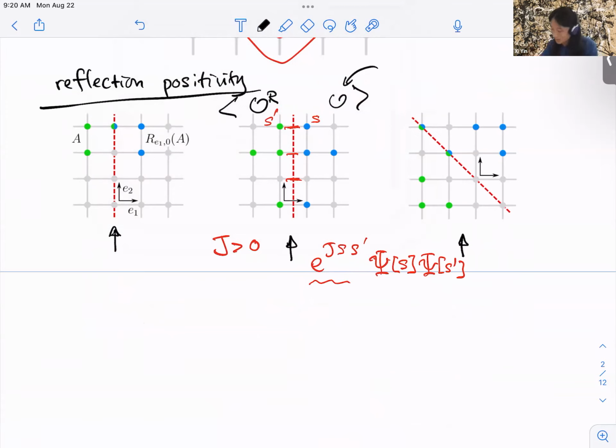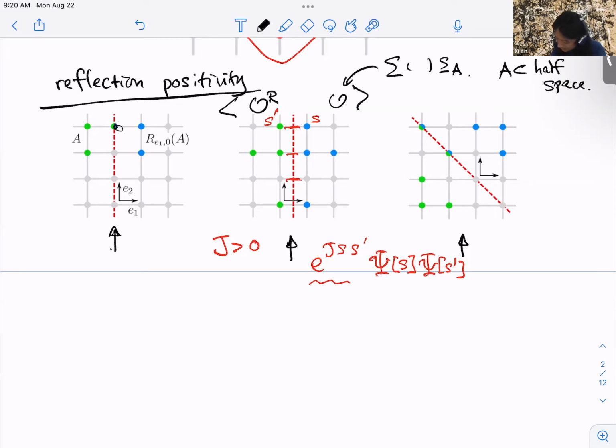It's a combination: a sum of some coefficients times S_A, where A belongs to half of the lattice. In particular, in the first case where the reflection line contains some lattice sites, we also allow these operators to spill over to the plane itself.